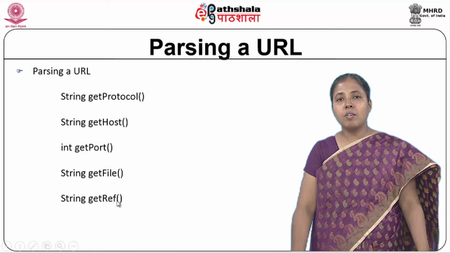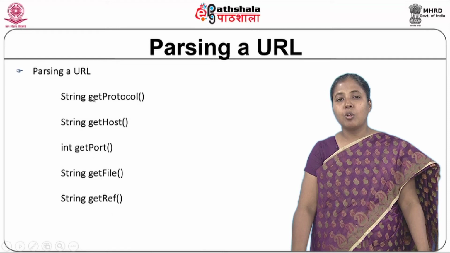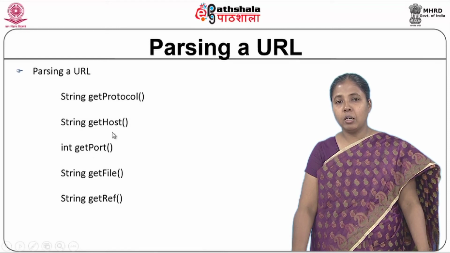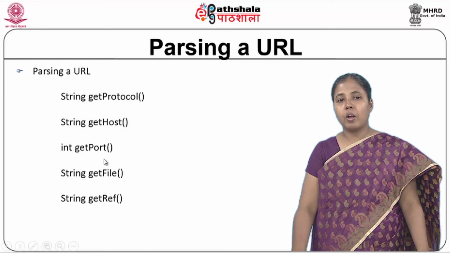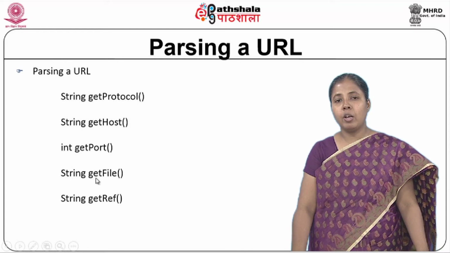Now, we can parse a URL. Some of the methods that are supported in the URL class are getProtocol, getHost, getPort, getFile and getRef. getProtocol is to get the protocol from the URL, getHost is to get the host name specified in the URL, getPort is to get the port number from the URL, and getFile gets the file name from the URL.